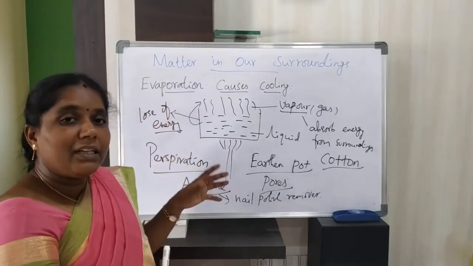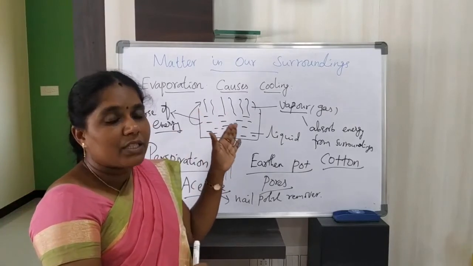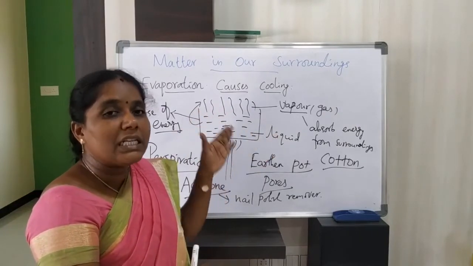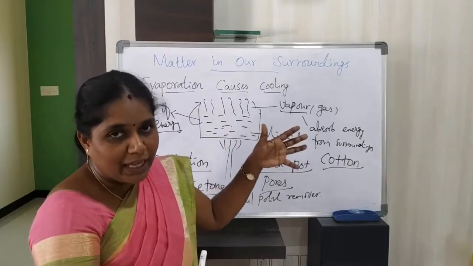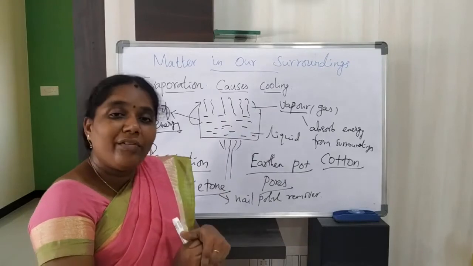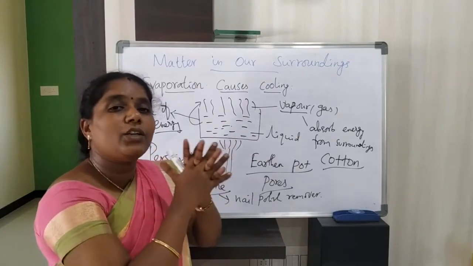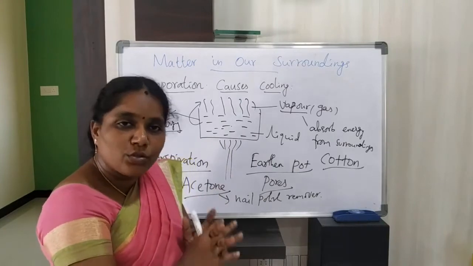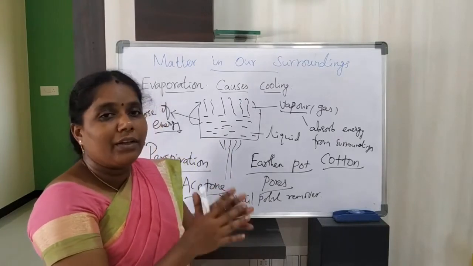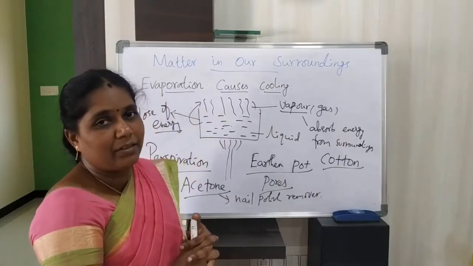After that we have discussed the interconversion of states of matter: solid to liquid, liquid to gas, then gas to liquid and liquid to solid. And we have discussed the triangle conversion of matter also, that is, solid to liquid, liquid to gas, gas to solid and again solid to liquid. Like this we have discussed the triangle conversion of matter, isn't it?